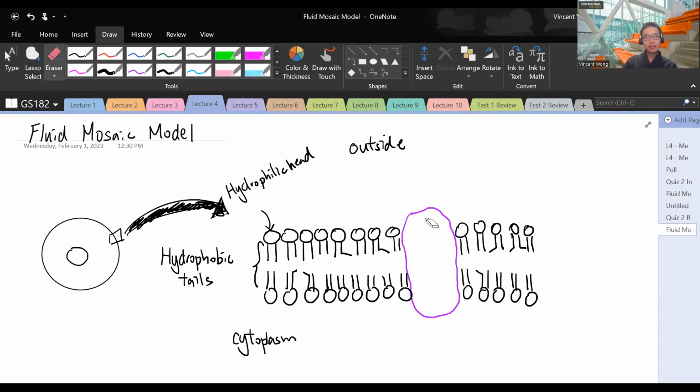And the protein, if it goes all the way through from one end to the other, this is what we call an integral protein. But the protein doesn't have to go all the way through. They can just be attaching to one side. And in that case, we call it a peripheral protein.